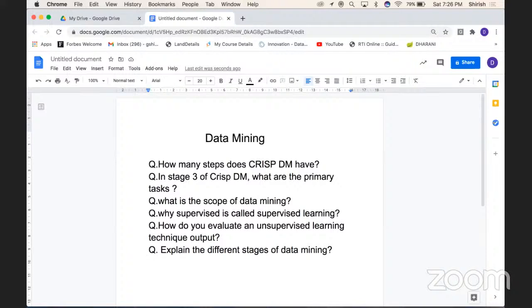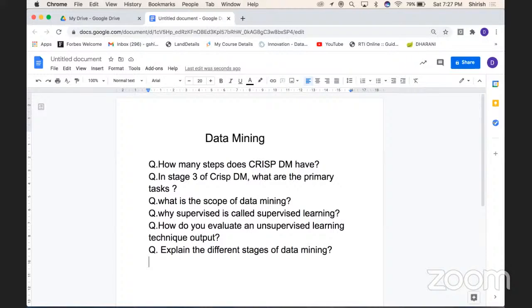So you have collected the data from multiple sources, right? You have prepared it, you have done cleansing, you have done transformations, and it is ready for analyzing the insights. So when you start mining the data, you are doing some kind of exploration. Then you try to build the models.